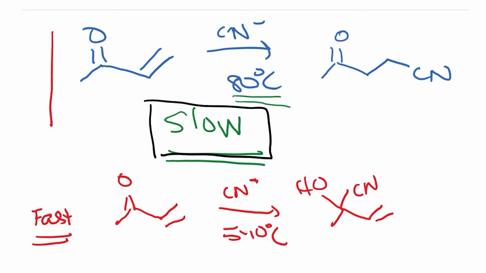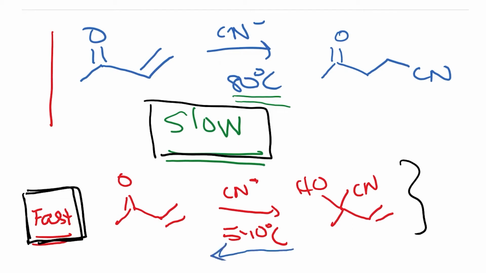Now, why is the equilibrium important? Because even at 80 degrees centigrade, this fast reaction will be the dominant reaction. So it is not that the reaction is not going to occur at 80 degrees centigrade. This reaction will occur at 80 degrees centigrade. The only suggestion here is that it's going to be a reversible process.